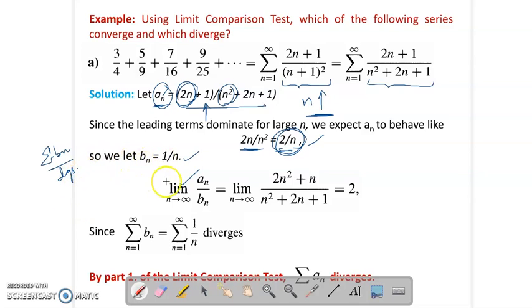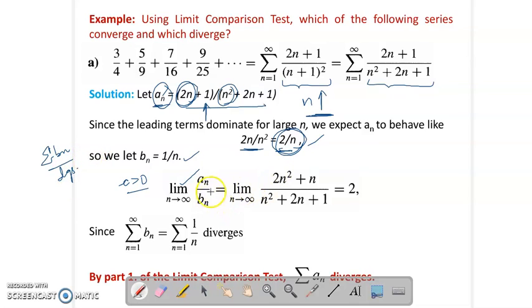Now if this limit n tending to infinity an by bn turns out to be a number c greater than 0, then we can say that summation an and summation bn either both converge or both diverge, and knowing that bn diverges, an should also diverge.